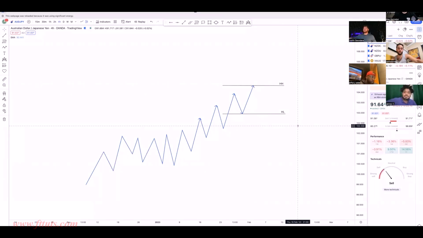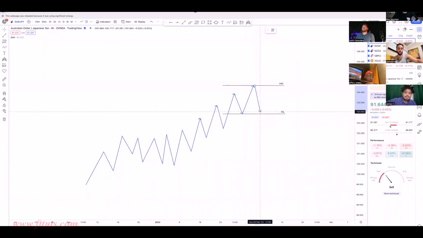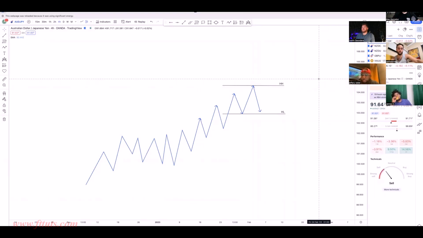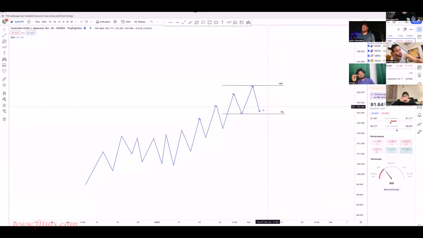Okay, so what is this point right here? Okay. Exactly. Nothing structured. It's nothing because we haven't closed under and we haven't done anything. We're just having a pullback.